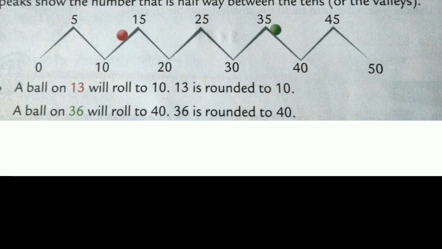Next, a ball on 36 will roll to 40. Now, see 36. 36 is in between 30 and 40. So midway is 35. It means it is more than 35. So it is closer to, or rounded to, 40.